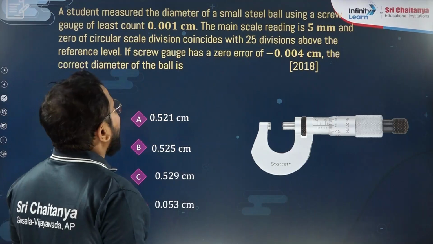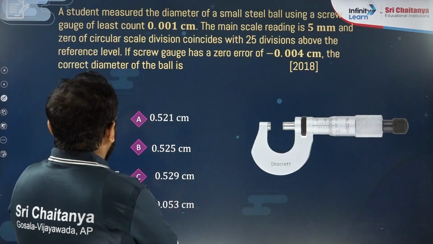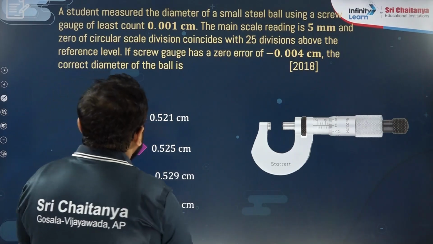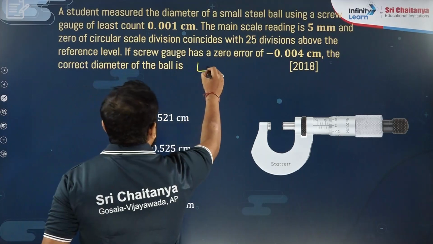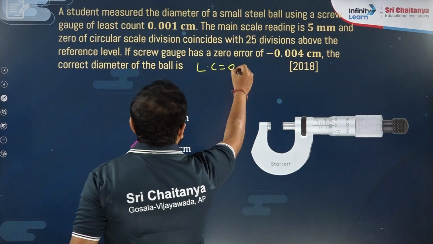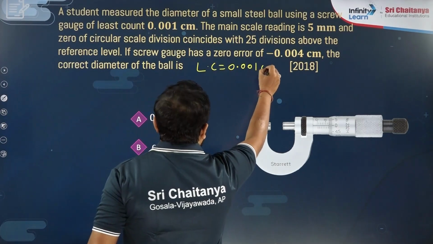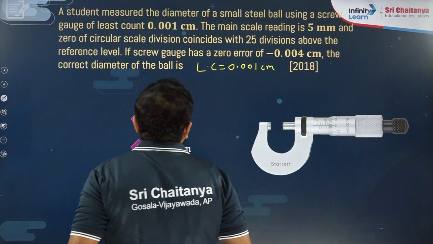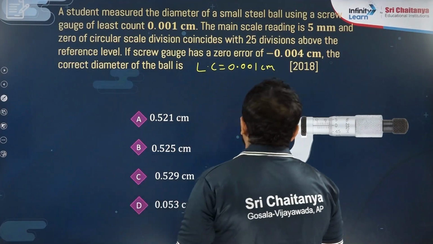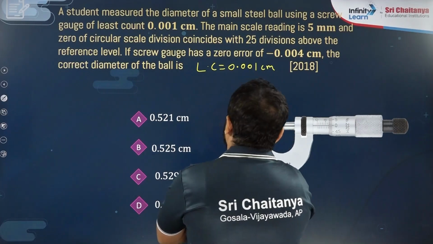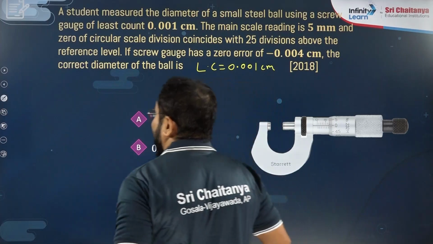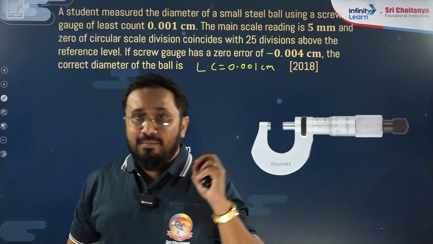A student measures the diameter of a small steel ball using a screw gauge with a given least count. What is least count? First of all, write down all the values so you can assemble them in a proper order. Least count is in centimeter. Now let's say the main scale reading is 5 mm. Why did I say write down all the values first?